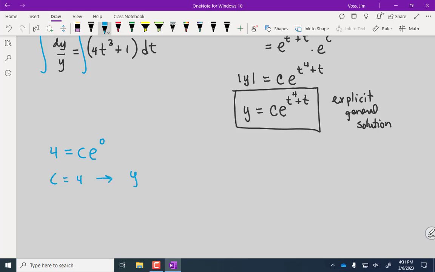So our particular solution will be 4e to the t to that thing. There is our particular solution. It is particular to that initial value.